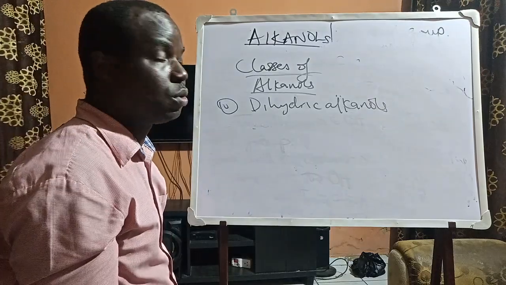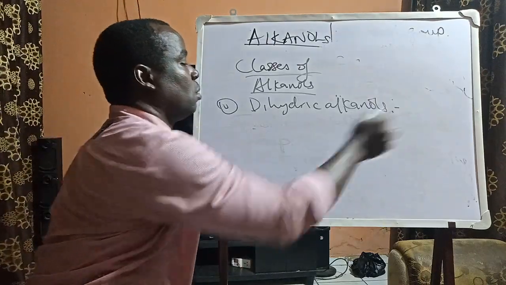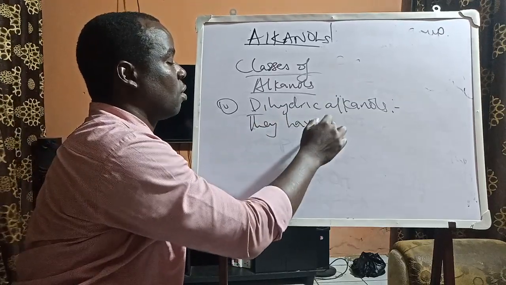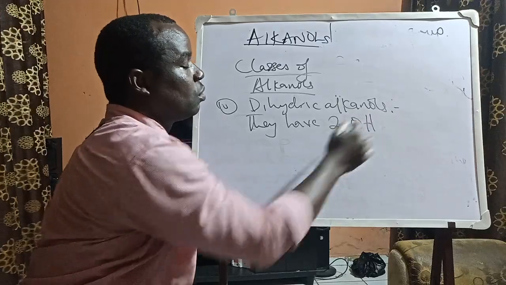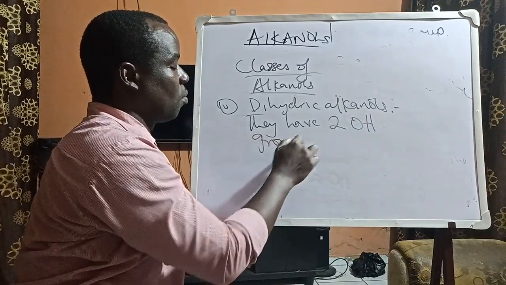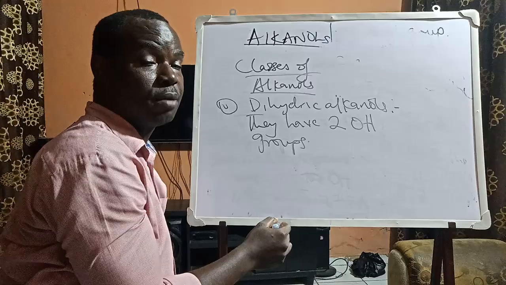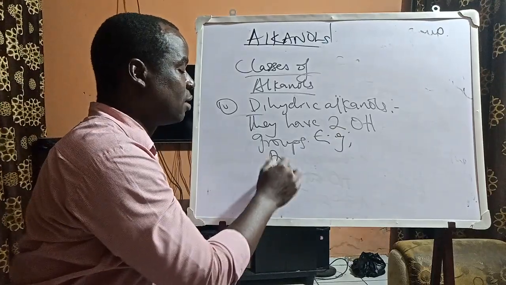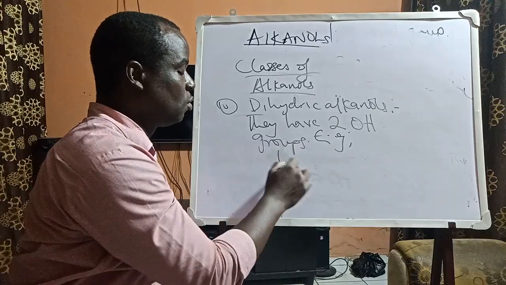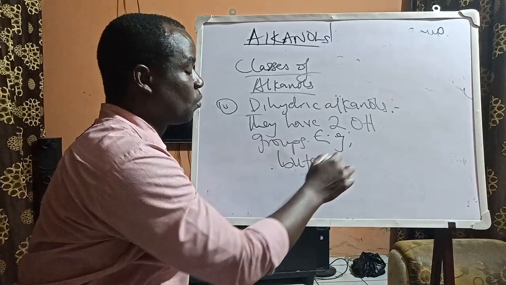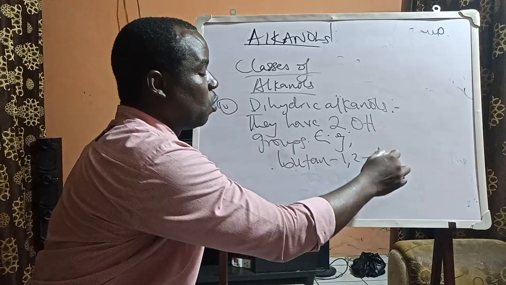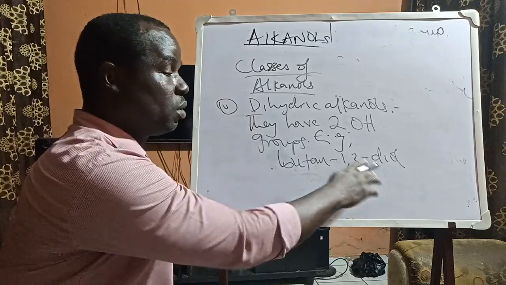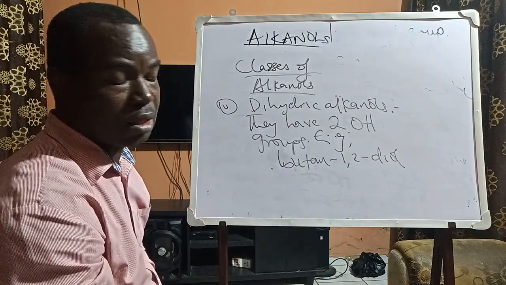For dihydric alkanols, they have 2 OH groups. Okay, e.g. propan. Okay, let me now change this time around. Butan 1,2-diol. Let's even draw the structure of butan 1,2-diol. So anything diol is a dihydric alkanol. Take note of that. Let's draw the structure.